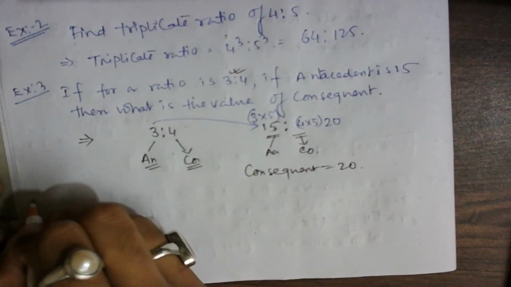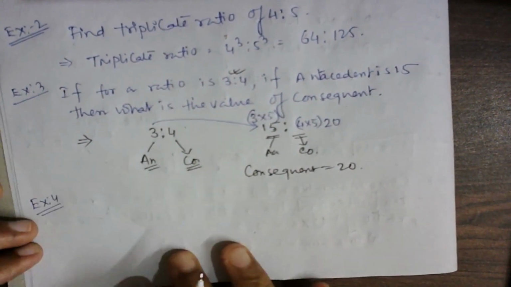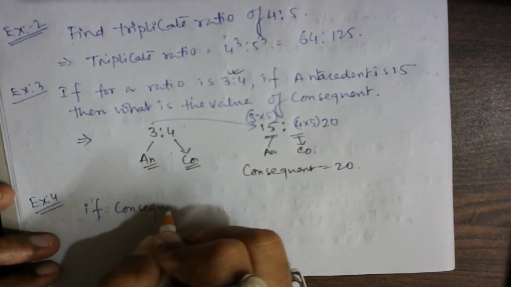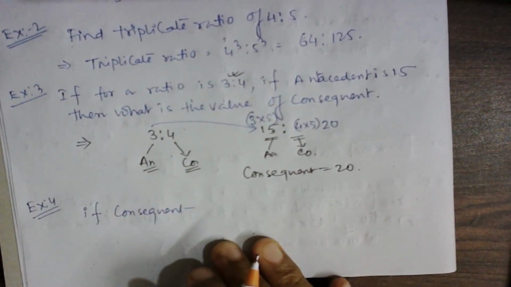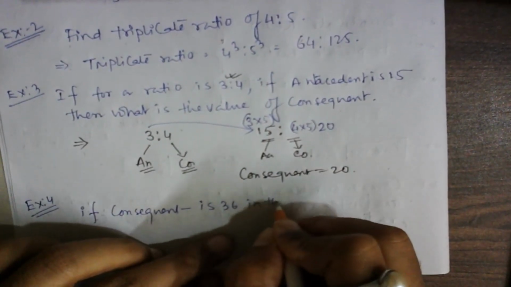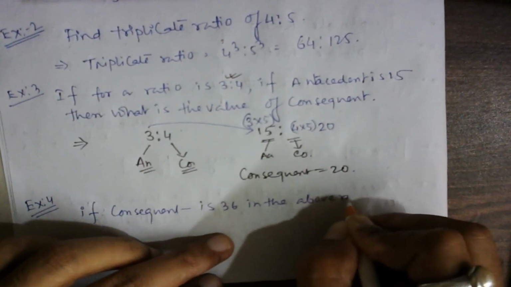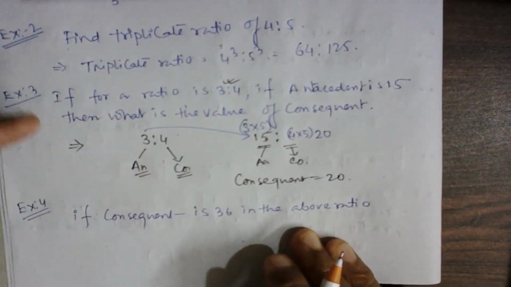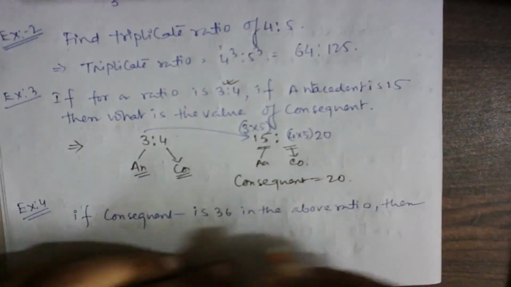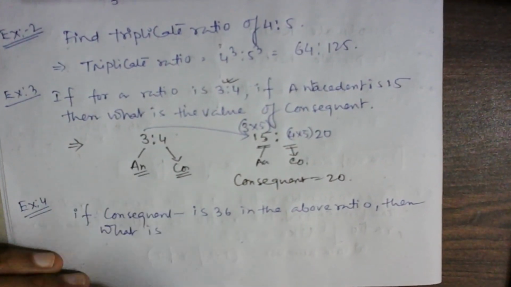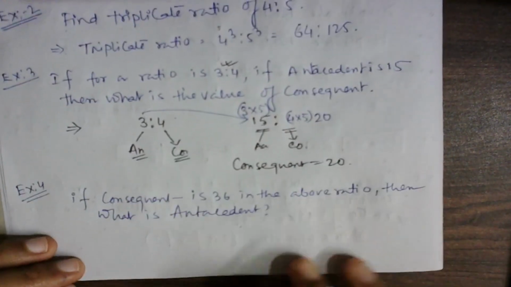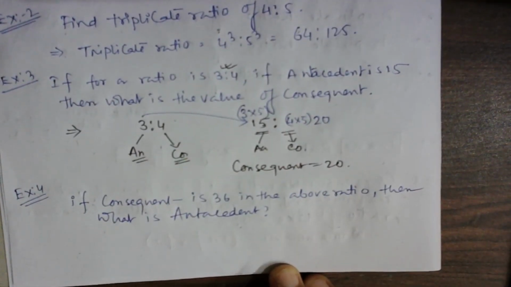Example number 4. If the consequent is 36 in the above ratio, it is continuing from the same ratio, then what will be your antecedent?